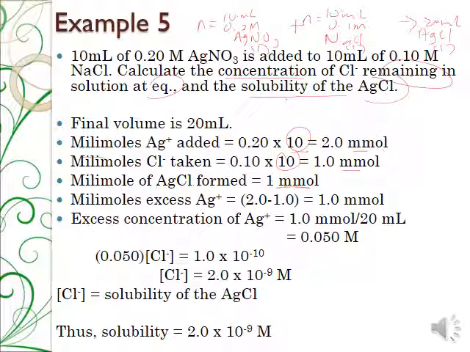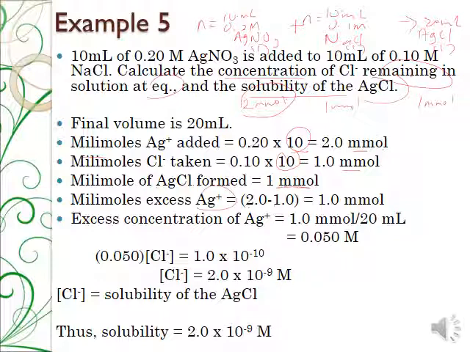But this one is in excess, which is 2 millimole. This is 1 millimole, so stoichiometrically 1 millimole should be produced. Therefore this one is in excess: 2 minus 1, 1 millimole silver in excess.